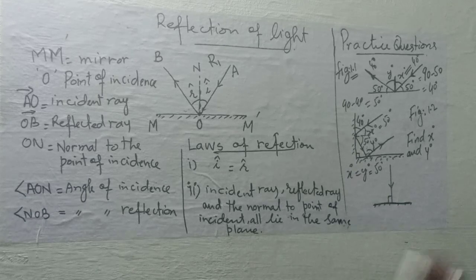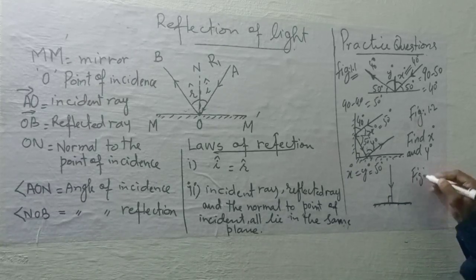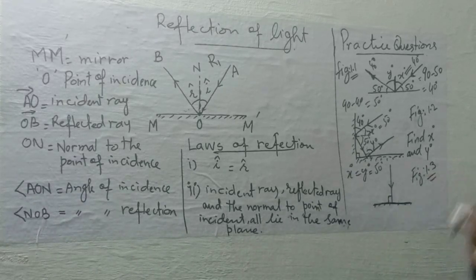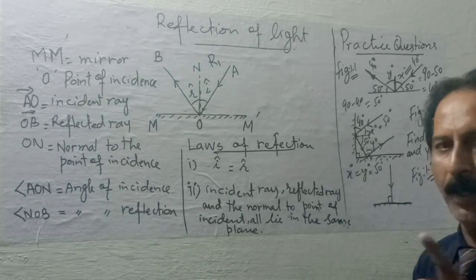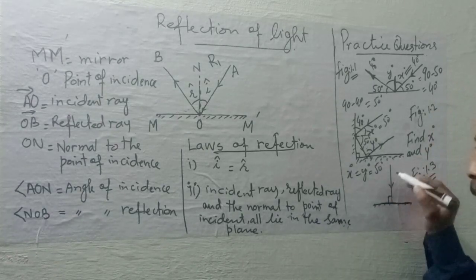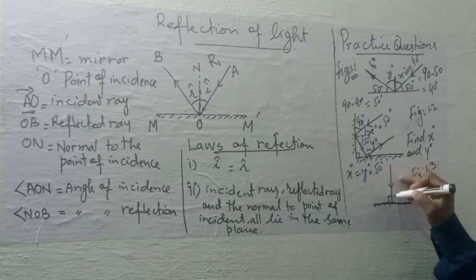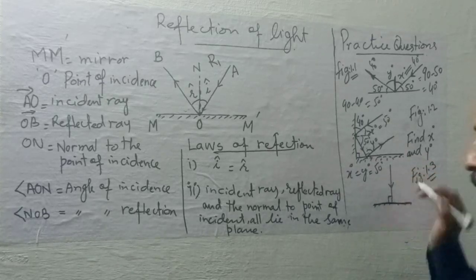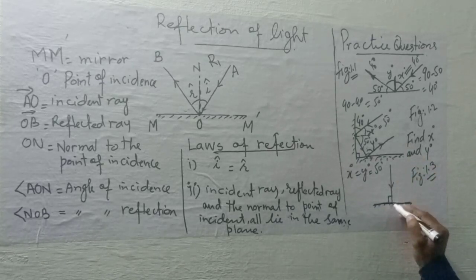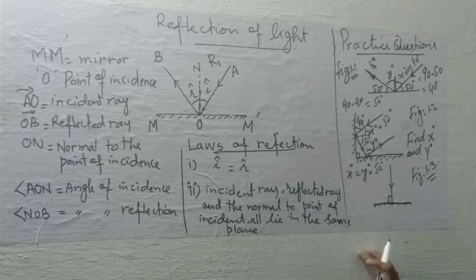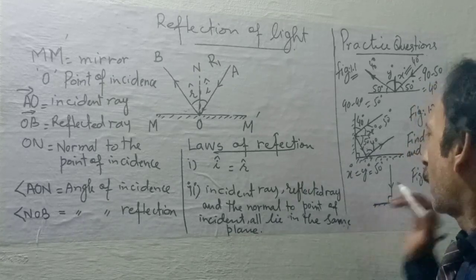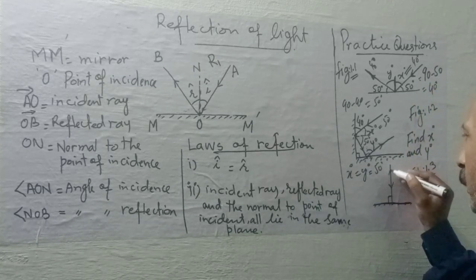Now the third diagram, figure 1.3, is about the phenomenon where the light ray comes along the normal to the point of incidence at a mirror, so it would be reflected back at the same angle.